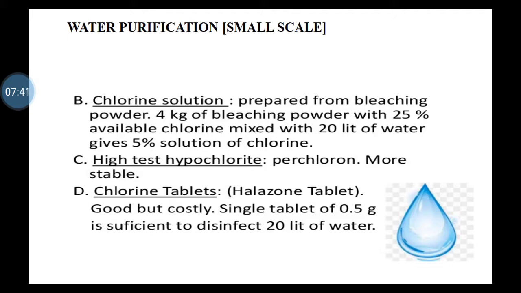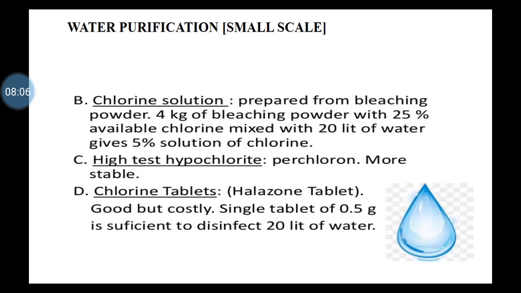Now this is much stable compound, and in very less quantity it is needed to purify. Like 1 gram of high test hypochlorite is needed for 1 cubic meter of water. That much water can be purified by this compound. Then chlorine, as I said, in the form of tablets also they are available.